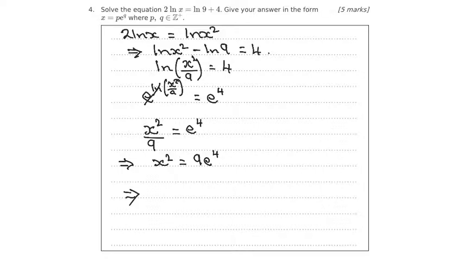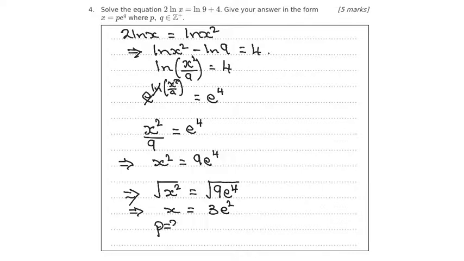Therefore, if we square root both sides, we get the square root of x squared equals the square root of 9e to the power of 4. Therefore, x is equal to 3e squared.